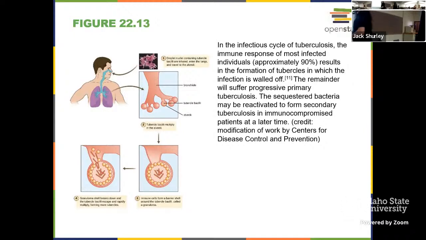TB has plagued us forever. There are all sorts of historical accounts going back to antiquity, talking about some of these issues and instances, same as its close cousin, leprosy, although it's not causing lung infections.